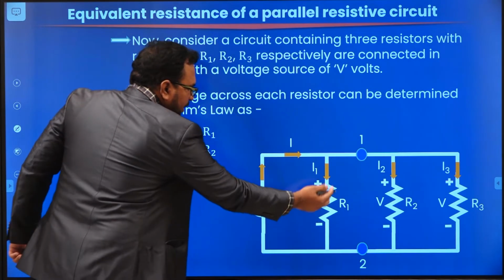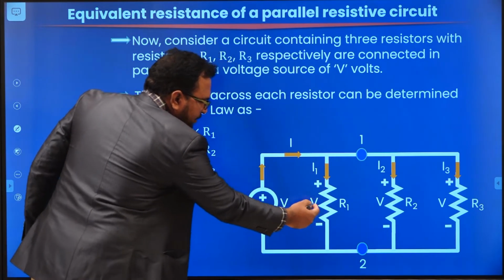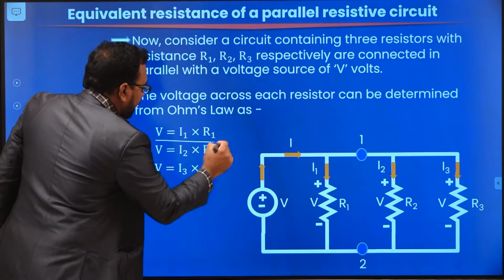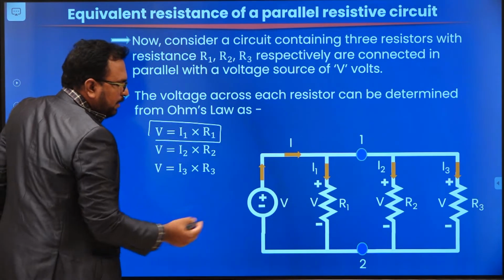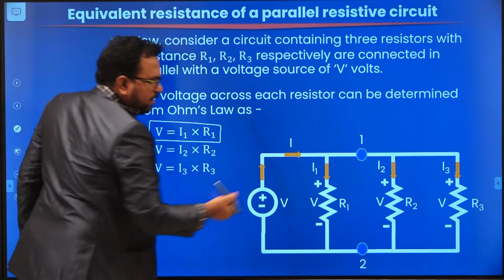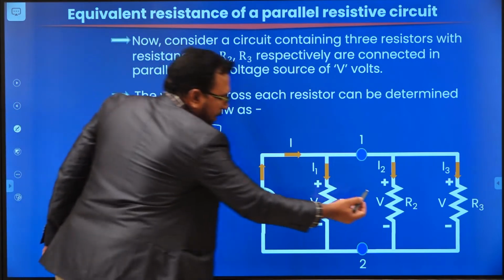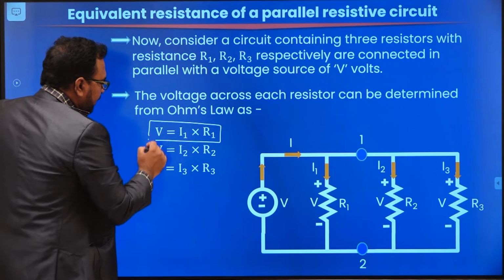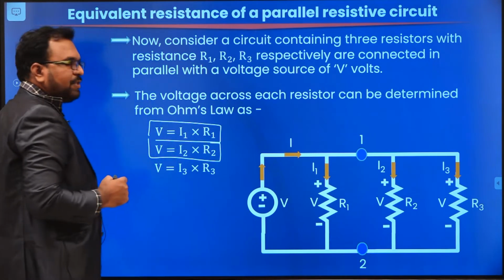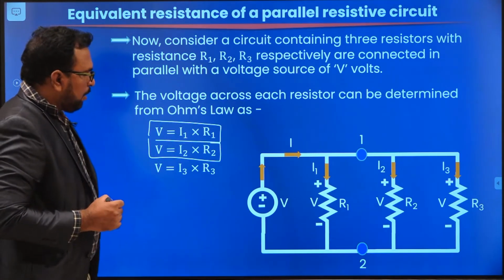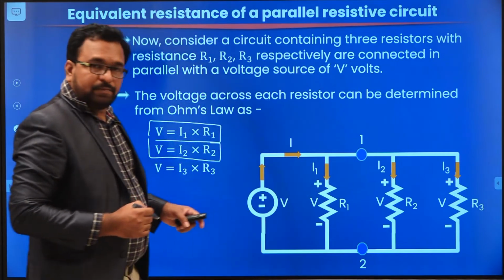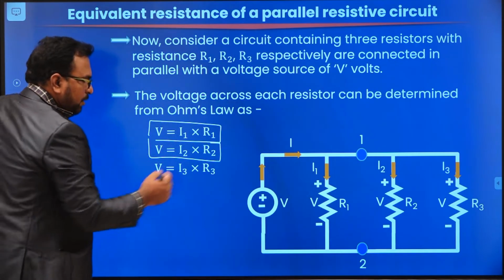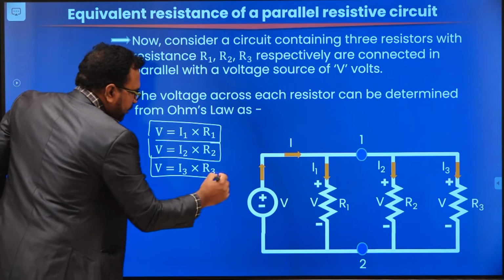So from Ohm's law, the voltage across R1 is V, which is equal to I1 into R1, because the current through R1 is I1 and the resistance is R1. Similarly, what is the voltage across R2? The current through R2 is I2, so the voltage across R2 is V is equal to I2 into R2. Now what is the voltage across R3? The voltage across R3 is V, which is determined as I3 into R3.